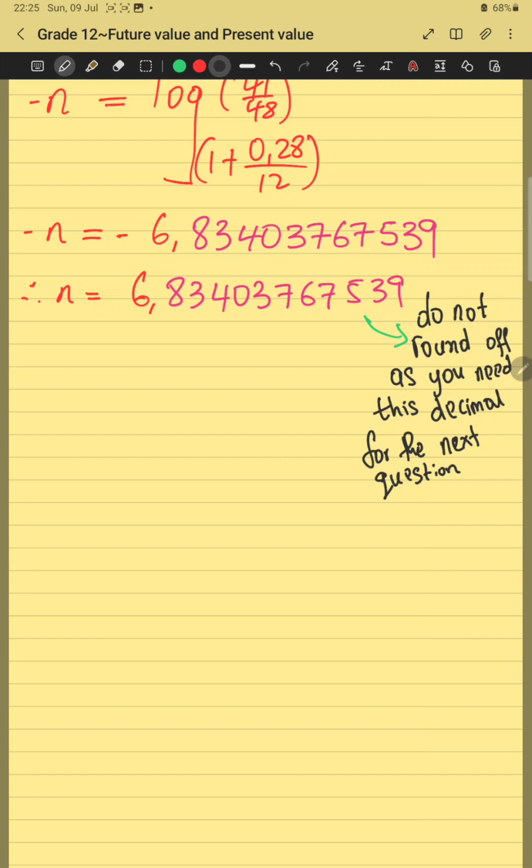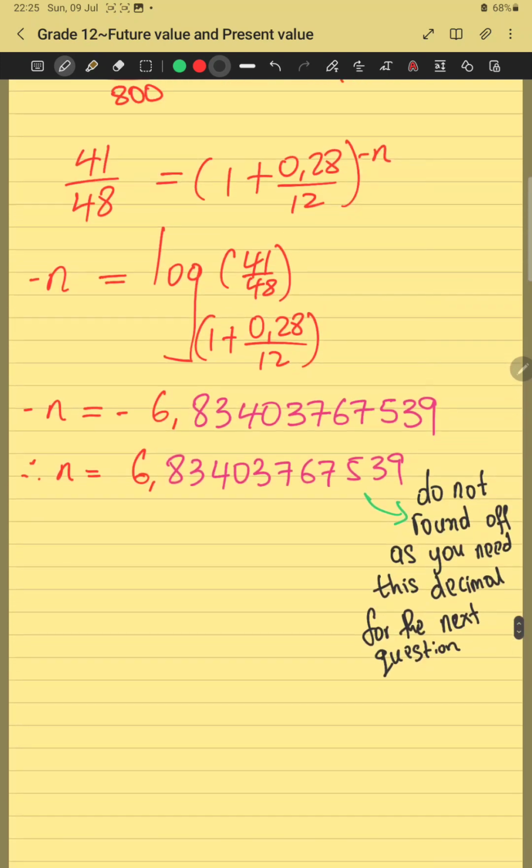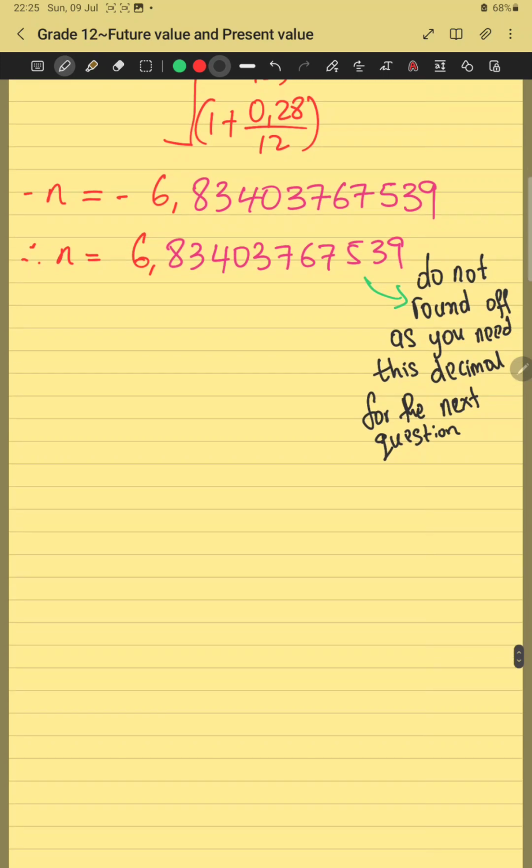Perfect. So when you're at this step here, please do not round this off, because you're going to need this decimal for the next question. As for the number of years, definitely we are going to round off to the nearest, so that means we're going to have 7 years.